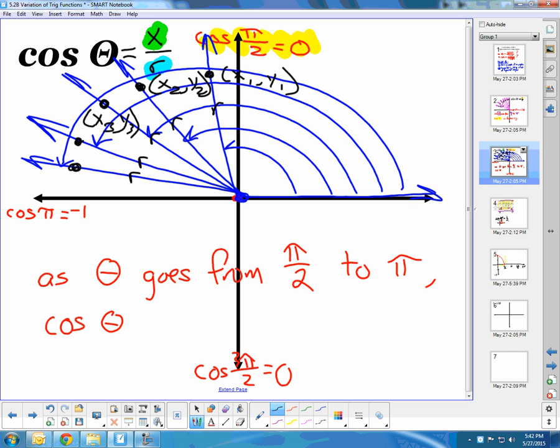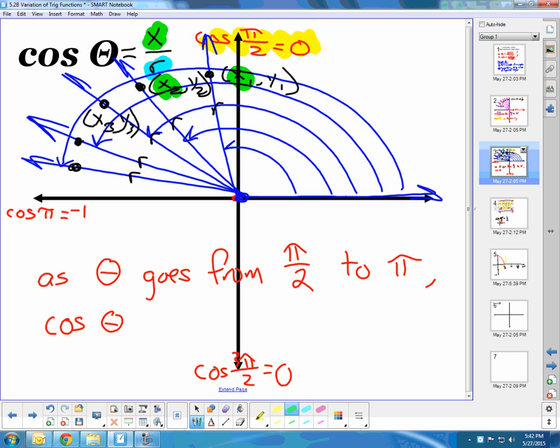Now, the first thing I need to remember is, whoa, in the second quadrant here, those x coordinates, x sub 1, x sub 2, x sub 3, are all going to be negative values. So I'm going to have to deal with some of that. And what I will see here is if I look at these x coordinates, and I only really care about the x coordinates because I'm dealing with cosine, this x coordinate is negative, but its absolute value is pretty close to 0.